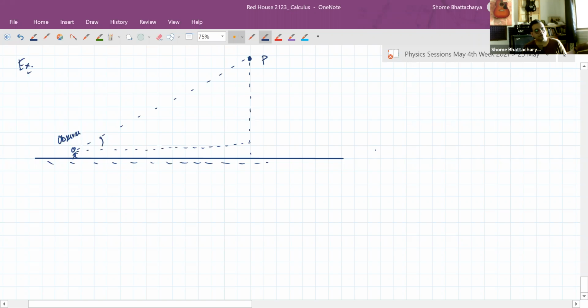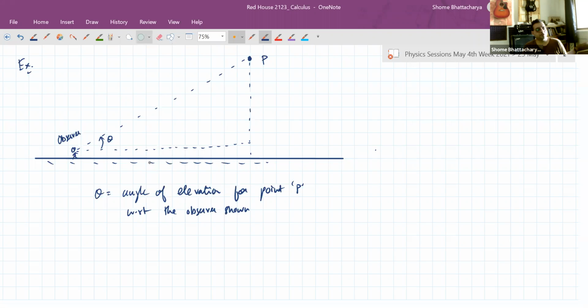So this is called angle of elevation. So theta here is the angle of elevation for the point or particle P, with respect to the observer shown.